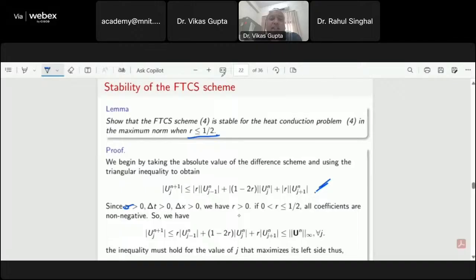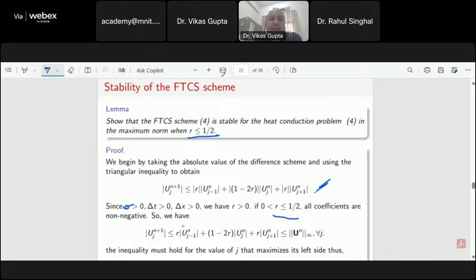And also note that if r lies in the semi-open interval 0 to 1 by 2, all coefficients of the finite difference scheme are non-negative. That is, r is greater than 0, and 1 minus 2r is also non-negative.